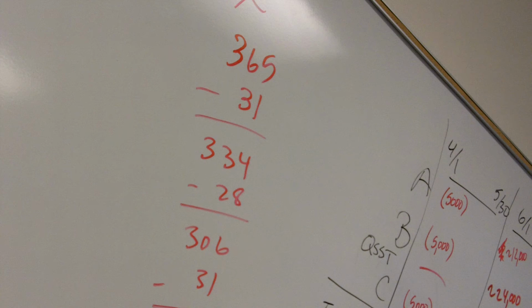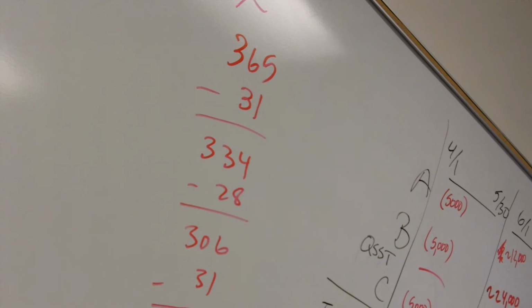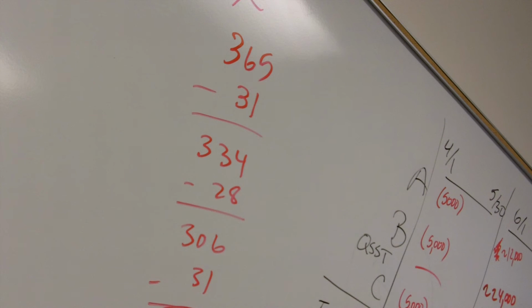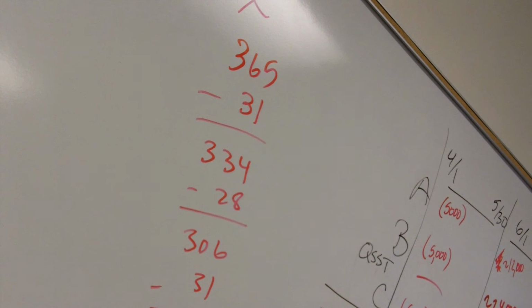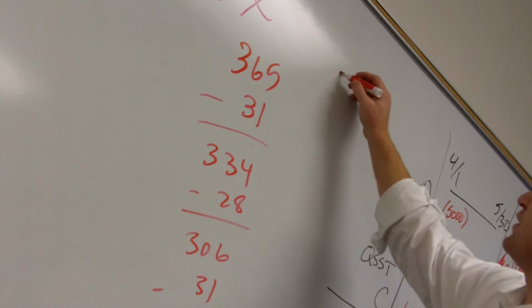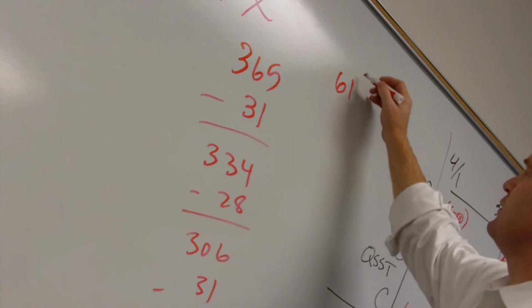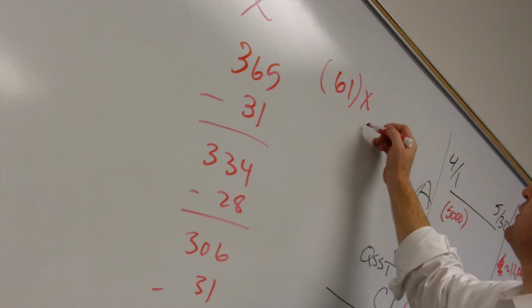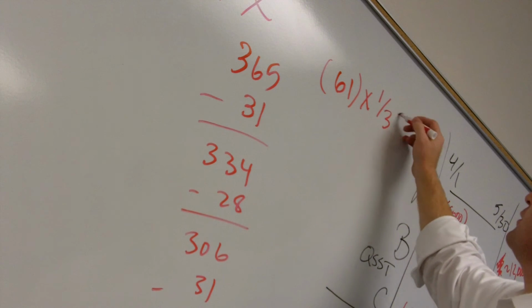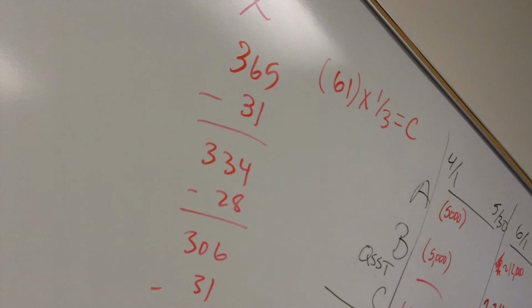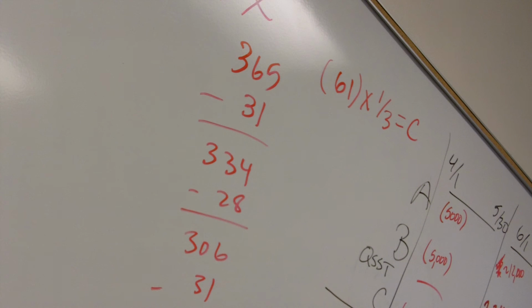You take your amount per day and you just allocate it per day to whoever has the percentage for each day. You'd say, well, C owns 1/3 for 61 days. So you'd say 61 days times X times 1/3 equals C's allocation. Per share per day.